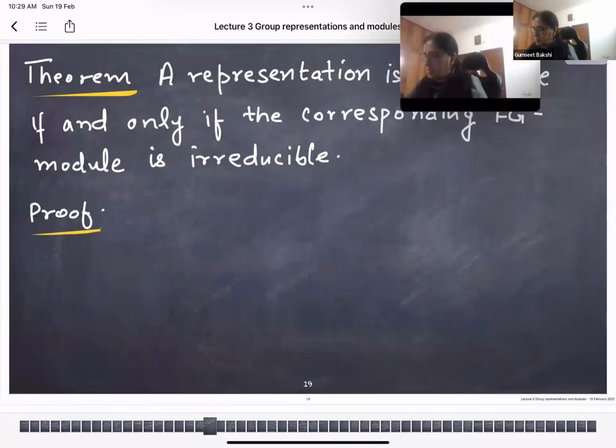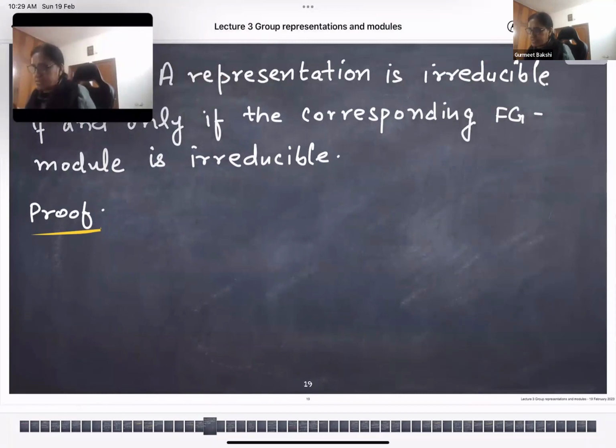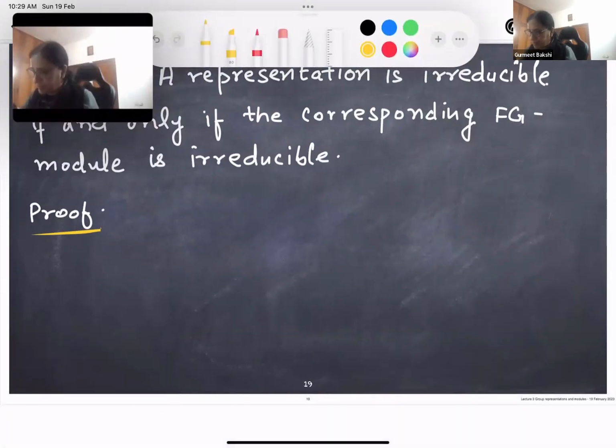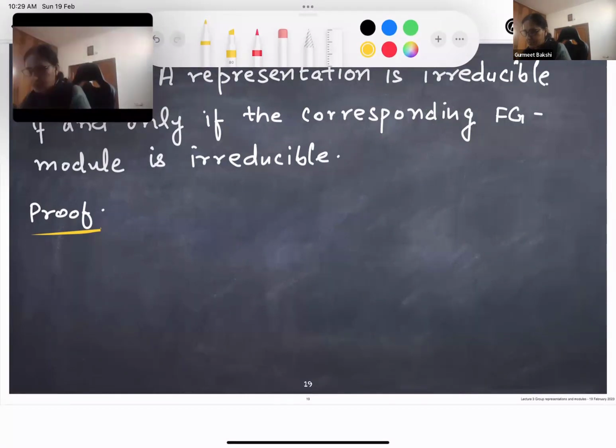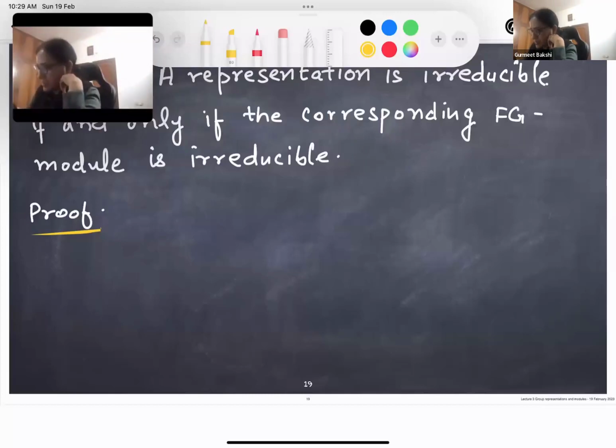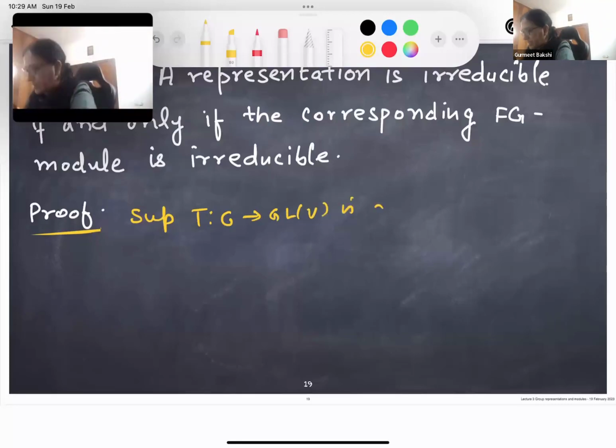A representation is irreducible if and only if the corresponding modules are irreducible. So the correspondence is beautiful. Equivalence corresponds to isomorphic modules. Irreducible representations correspond to irreducible modules. I'll just quickly show one way, and the other way you can do yourself. Suppose T from G to GLV is an irreducible representation.